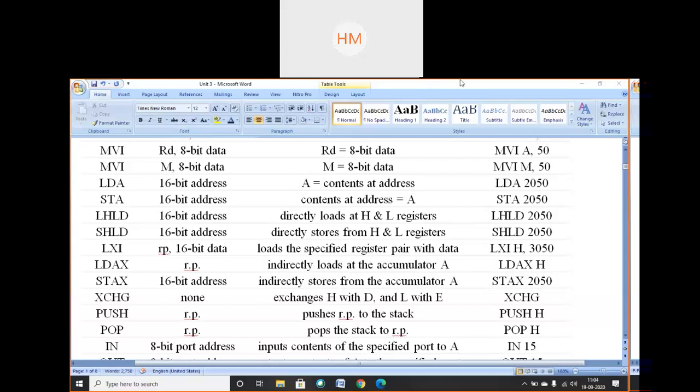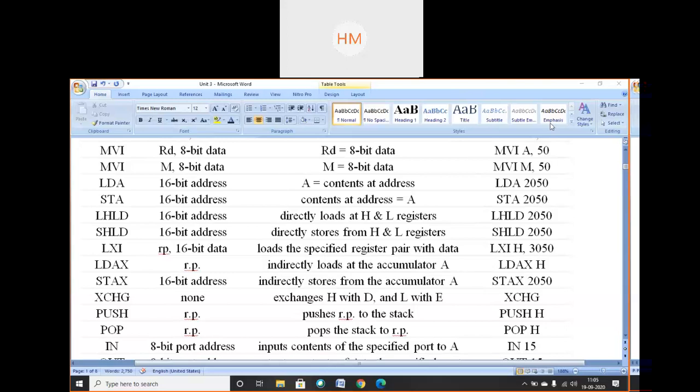Please mention in your chat box who got the meaning of this instruction. Please explain to me in the chat box. What will LDAX do? Yes, I'm waiting for the answer. It will copy 16-bit data. It will copy 8-bit data.